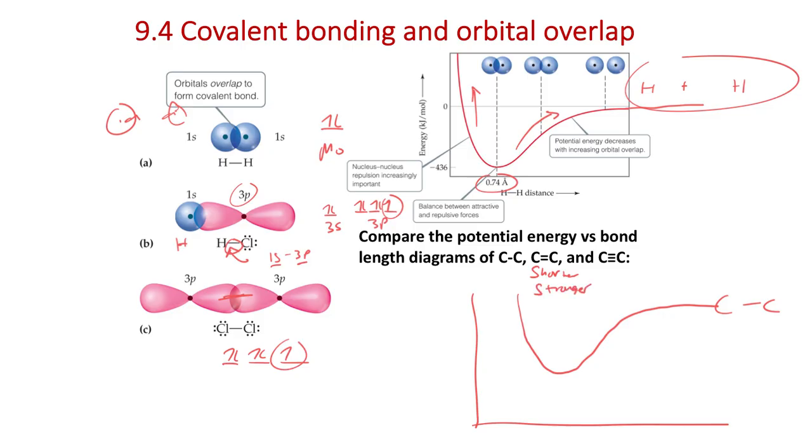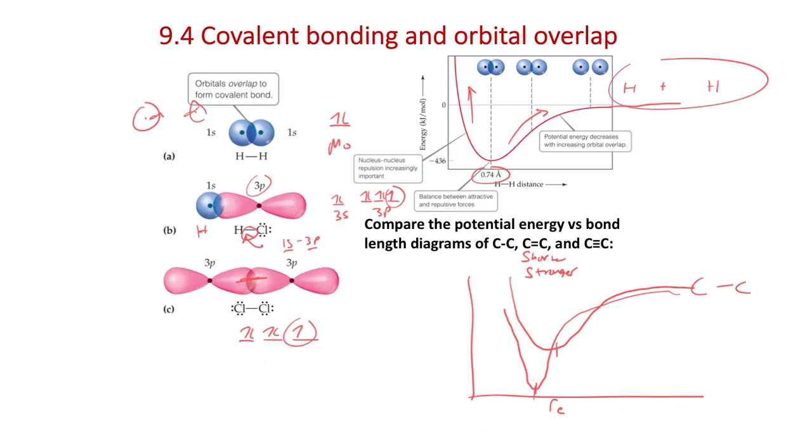Bond strength is implied by how far down we go, and the bond length is depicted by the distance here. So this is our equilibrium bond length for carbon-carbon single. The ideal, the lowest bond length is longer than the carbon-carbon double.